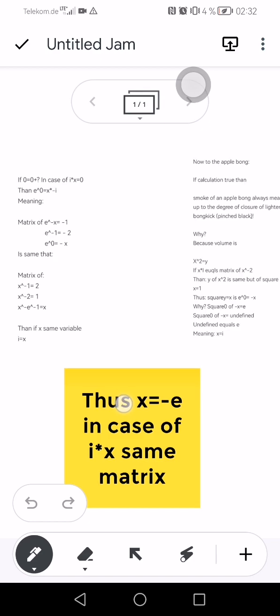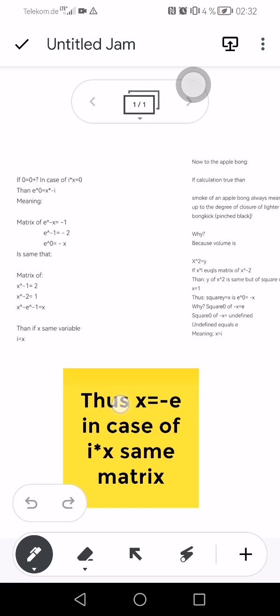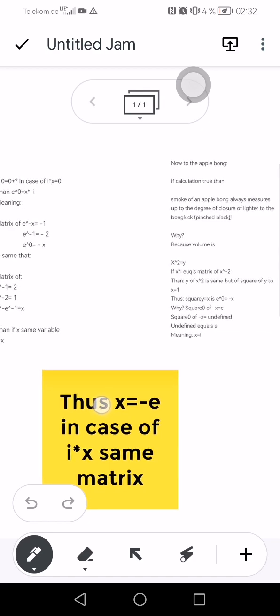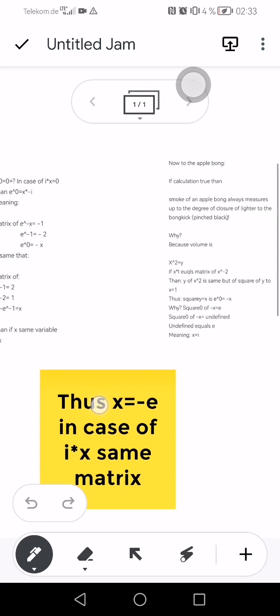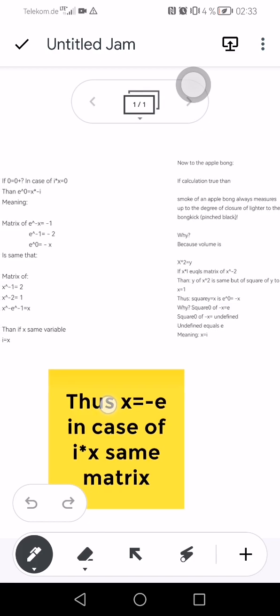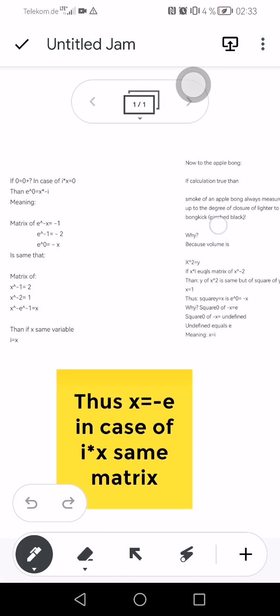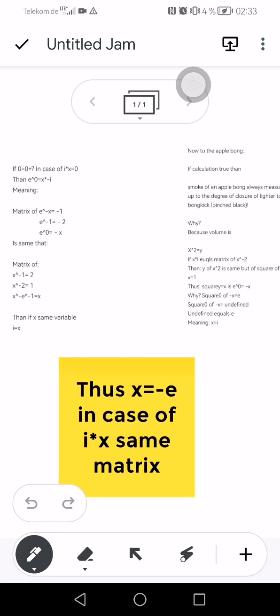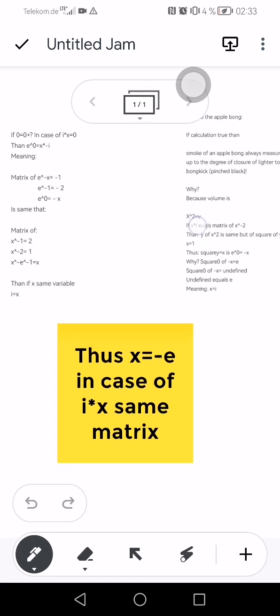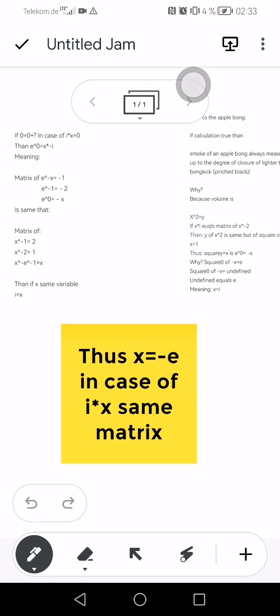Or x square minus 2 equals 1. Then y of x2 is the same, but of square of y2 x equals 1. Meaning e square minus x equals minus 1, or x square minus e square minus 1 equals x.